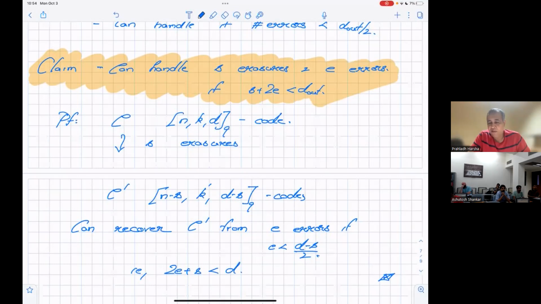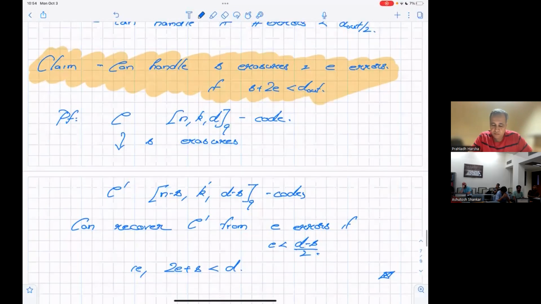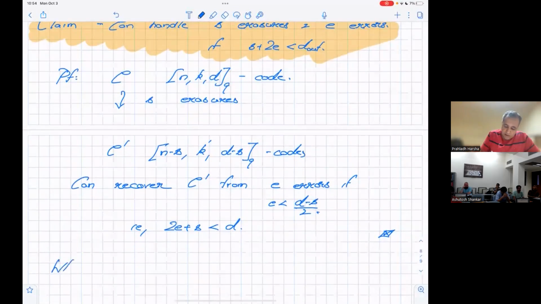And the proof of it is just what I have said so far. By the way, this proof is combinatorial. I haven't said algorithmically how to deal with this. Right now, I say every code should be able to recover from s erasures and e errors if s plus 2e is less than d out. Now the next question will be, what about algorithmically?